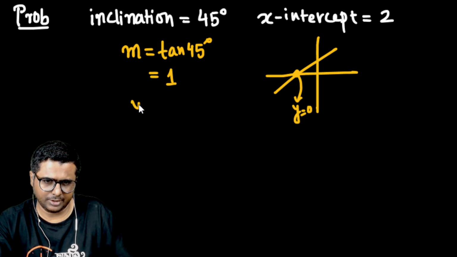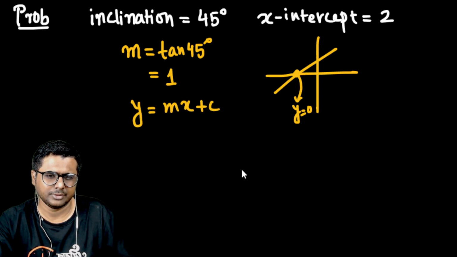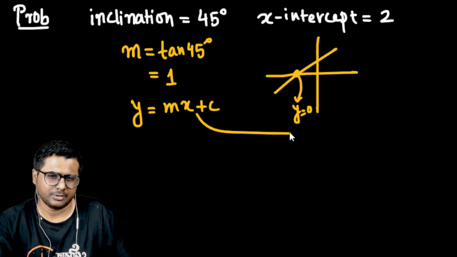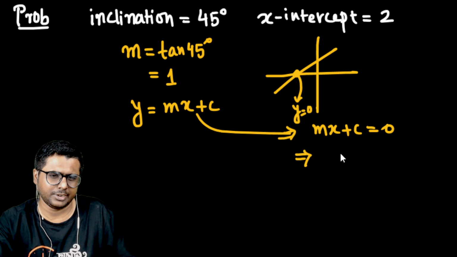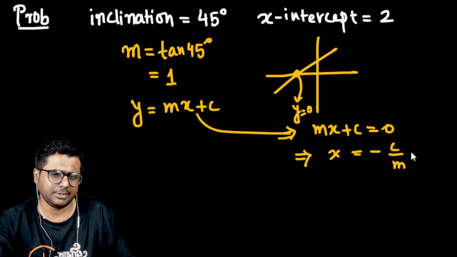Okay. So when the equation is y is equal to mx plus c, then if y is equal to 0, then mx plus c is equal to 0, and we have already calculated that x will come out to be minus c by m. So this is the x intercept. The x intercept is given as 2. So what is m? m is 1.